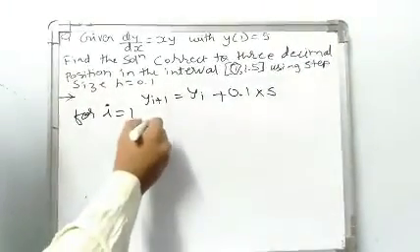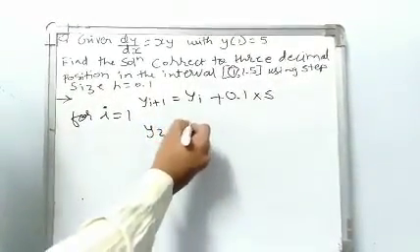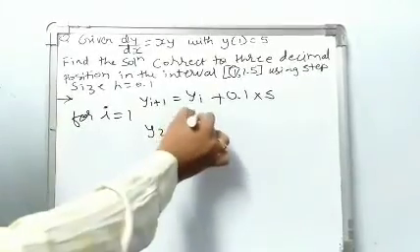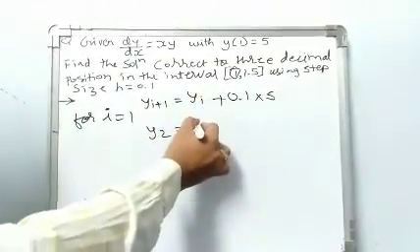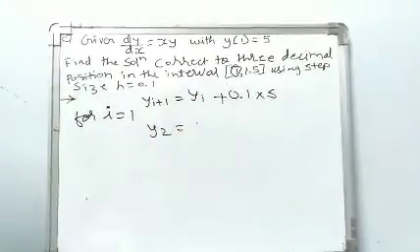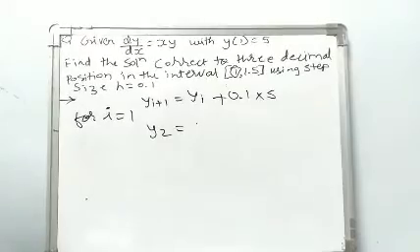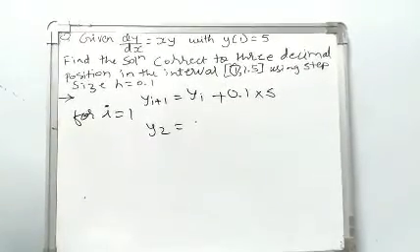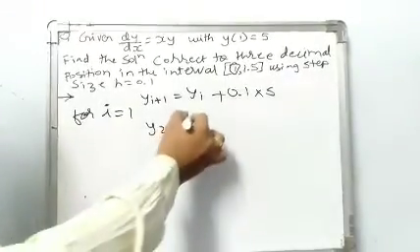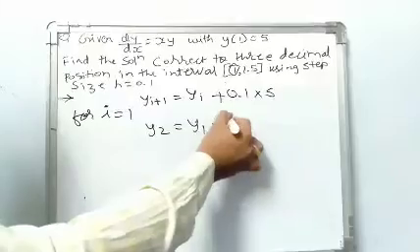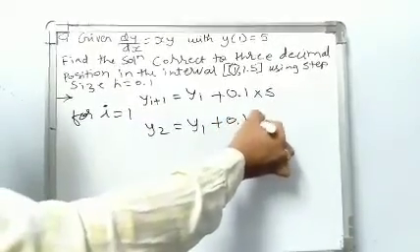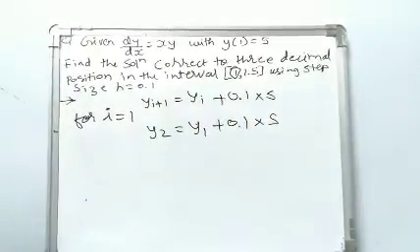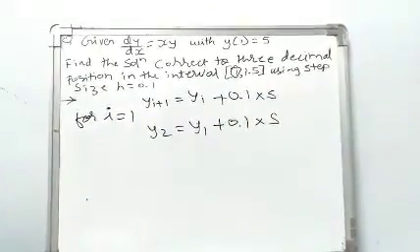So y2 is equal to y1, the initial y value, plus 0.1 into s. So this will be our formula. We'll see each and every value.